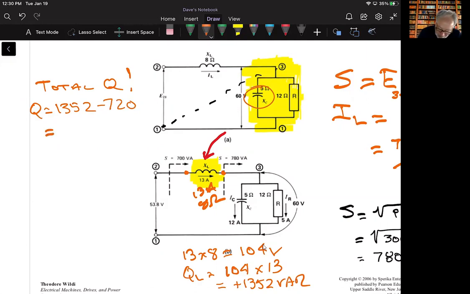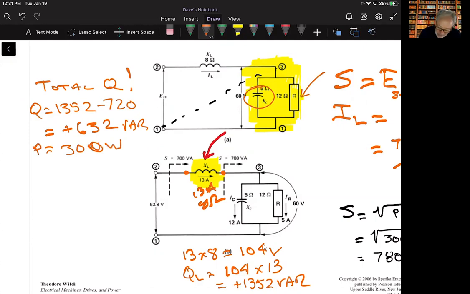And so the total Q is going to be positive 632 VAR across there. The total active power is that power that's only associated with the resistor. So that remains at 300 watts.